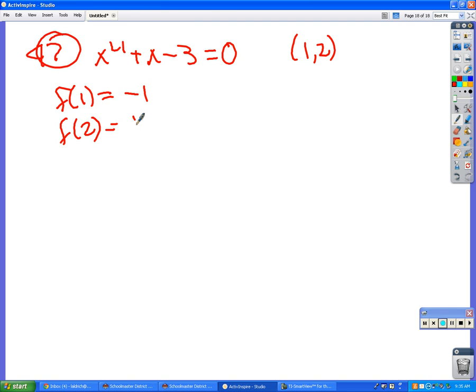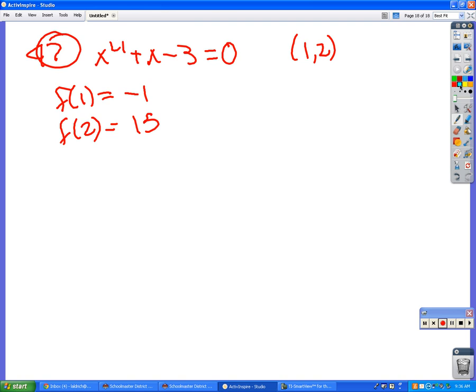Okay, so since this is negative and this is positive, that means somewhere in between those two numbers, since this is a polynomial continuous function, it has to cross through the x-axis, and so it has a root in there. That's all you have to do. The function's continuous. Negative value, positive value, so somewhere in between it must be 0.